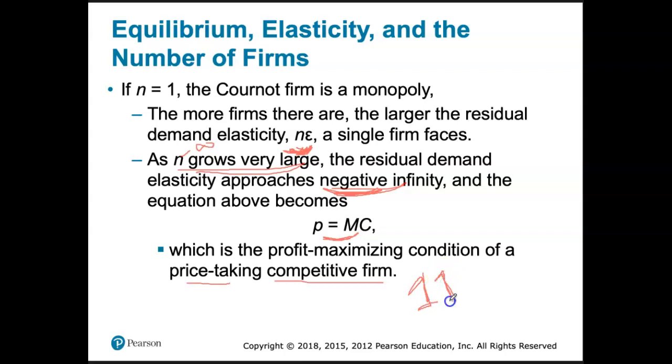At this point, if you're confused, I suggest you go back to chapter 11 and take a look at it. This makes sense as well: as there are more firms in the market, the market becomes more competitive in nature.